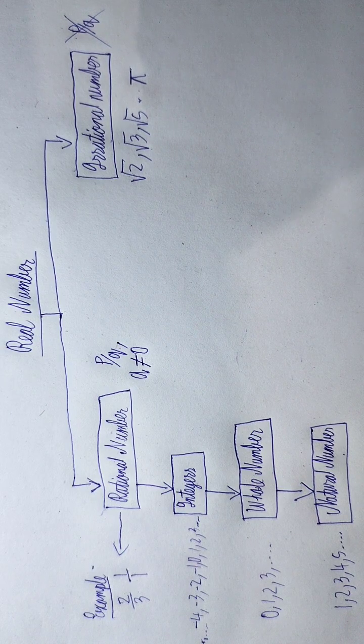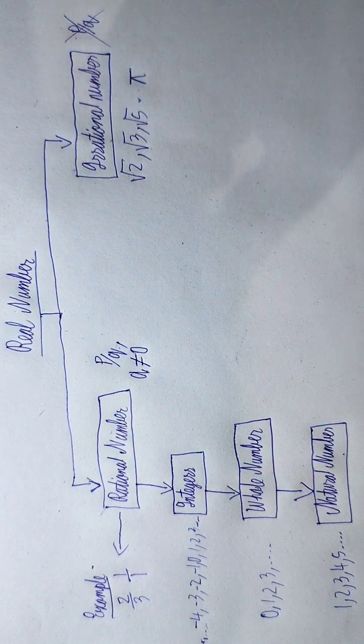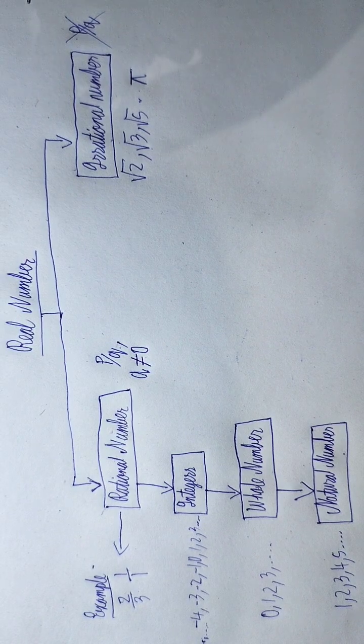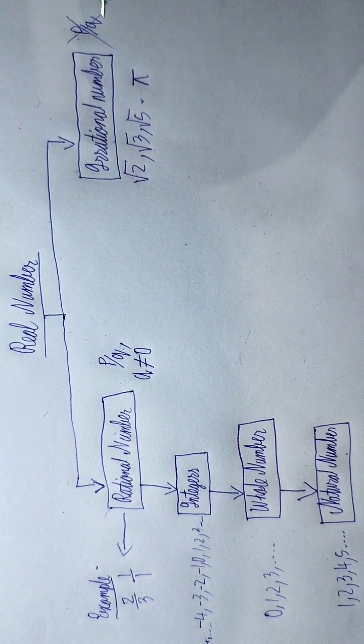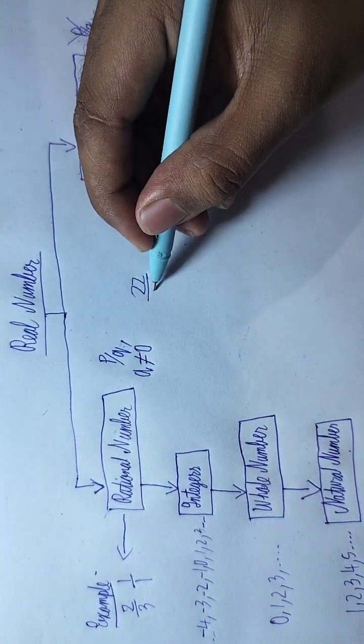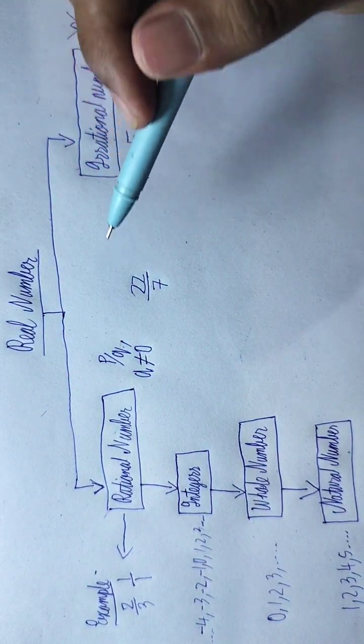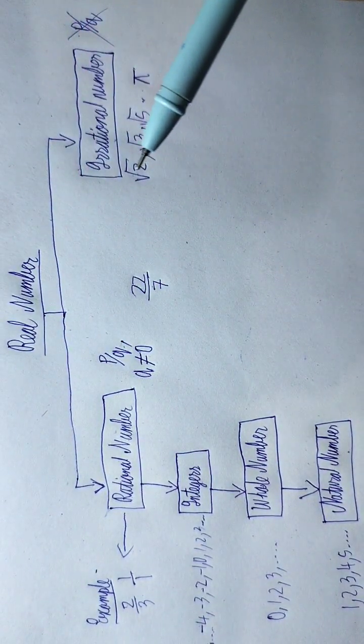May I ask you, is 22 by 7 a rational number or irrational number? Think and say. 22 by 7 can be written in the form of p by q. Yes.